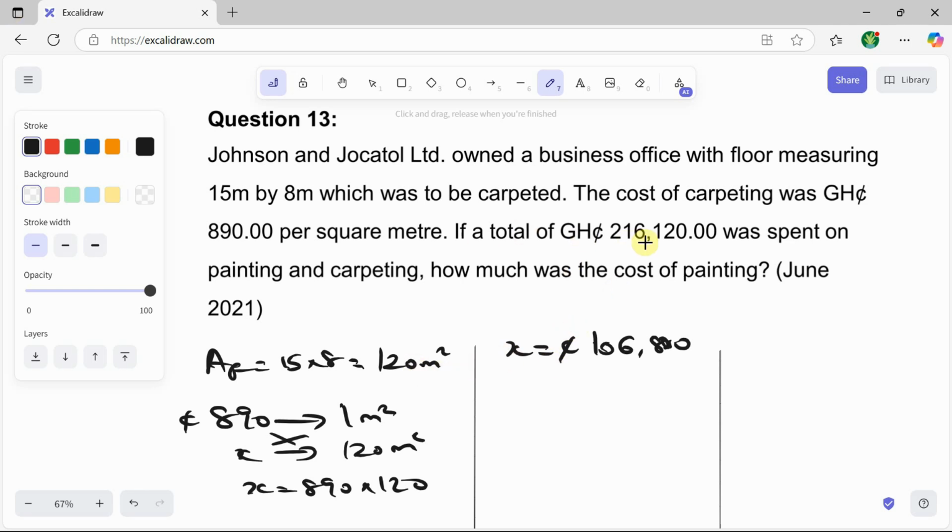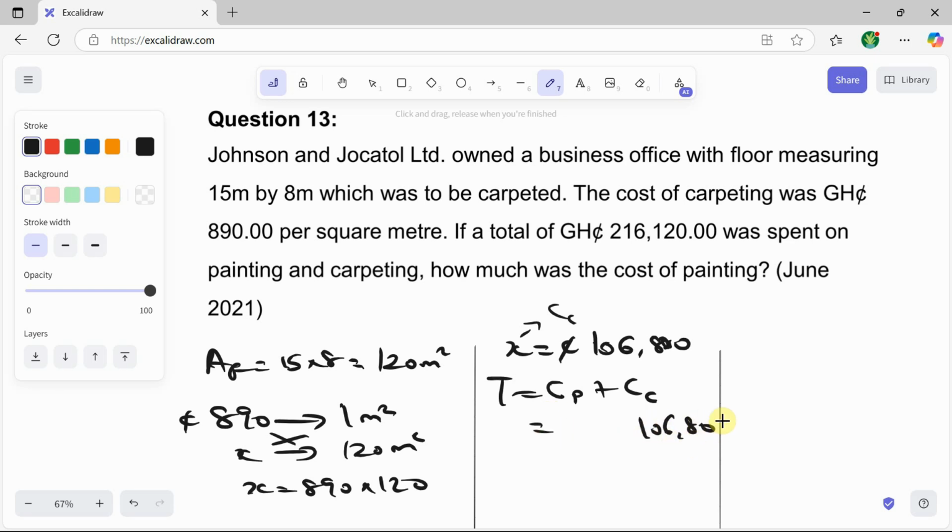But it said a total of 216,120 was spent on painting and carpeting. We want to find out how much was spent on painting. So total cost is cost of painting plus cost of carpeting. We know that our cost of carpeting is 106,800.